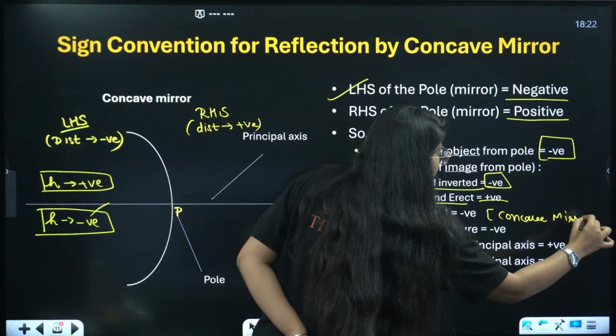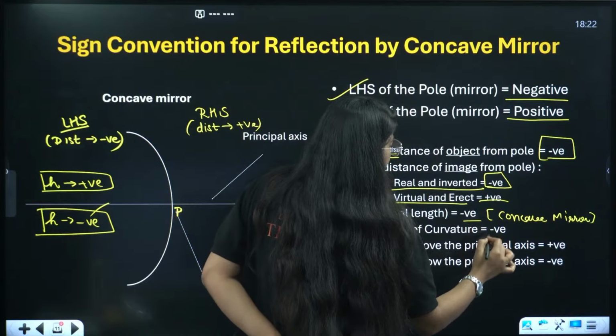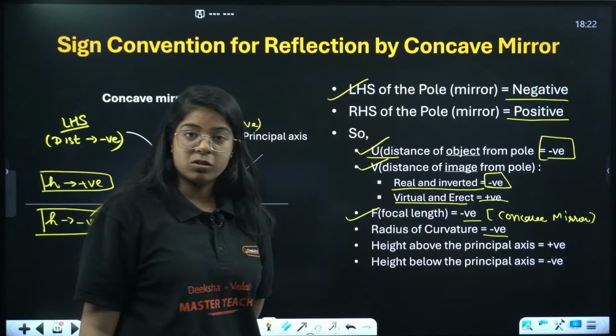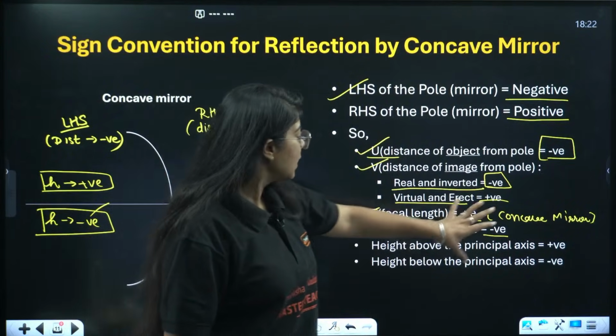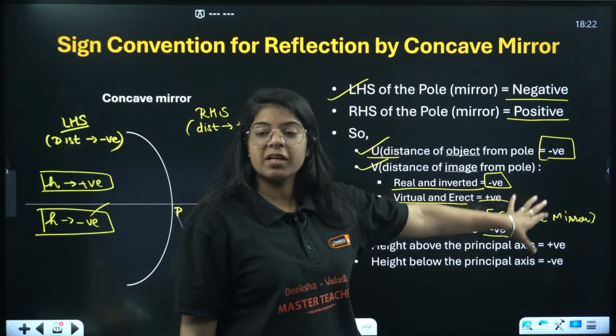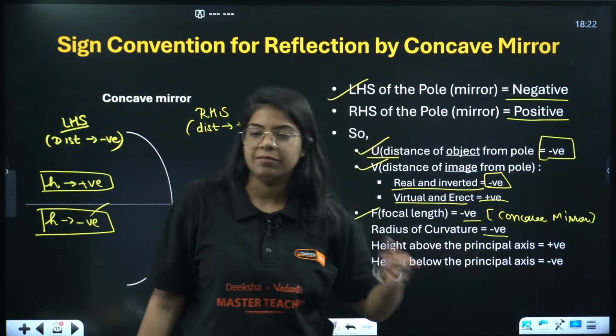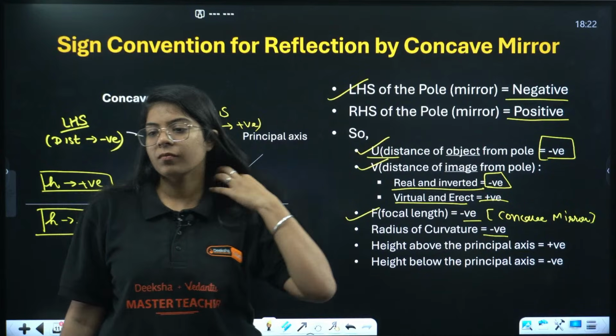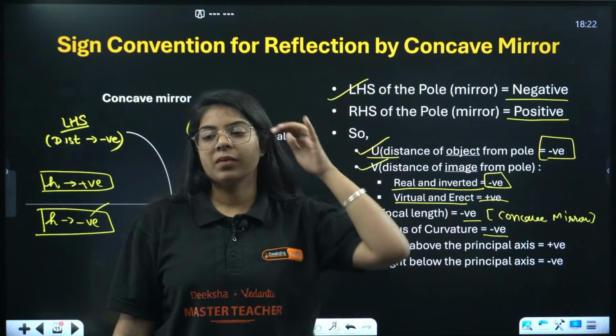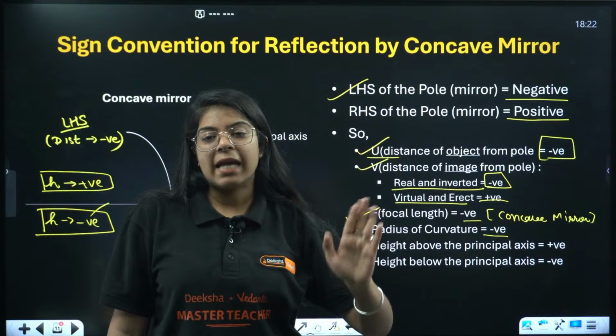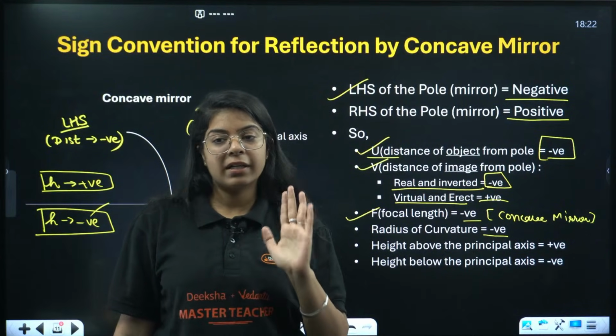Focal length of concave mirror is always negative, hence radius of curvature will also be negative. And then height above the principal axis positive, below the principal axis negative. ठीक है, done. Sign convention of concave mirror clear.